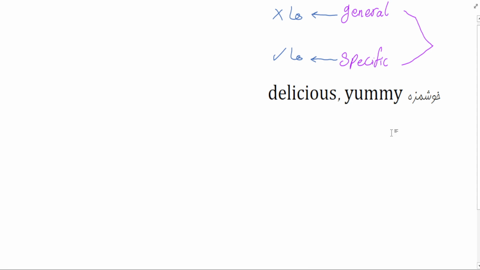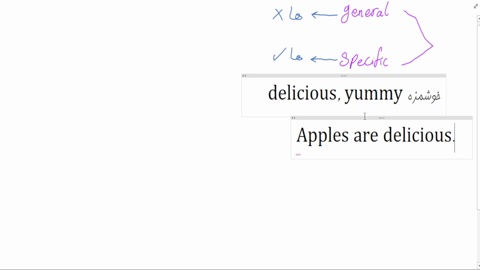Now, look at the example. Sometimes I'm generally a fan of apples. So I say, apples are delicious, or خوشمزه. See, this is a general case, obviously.